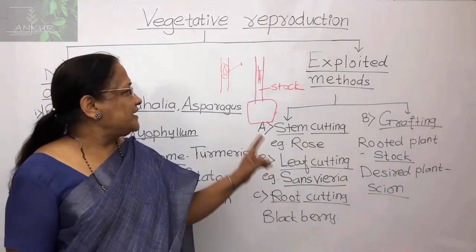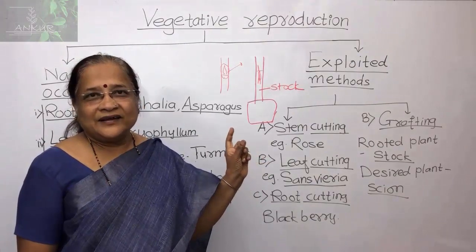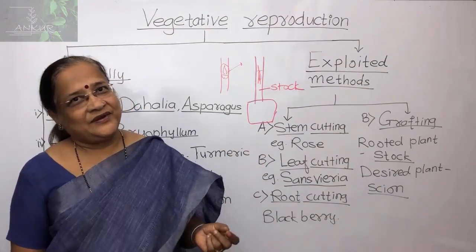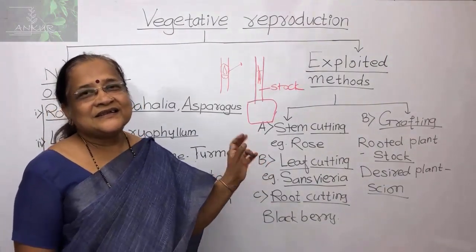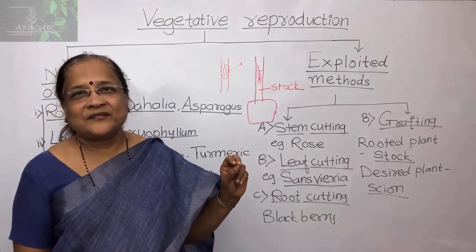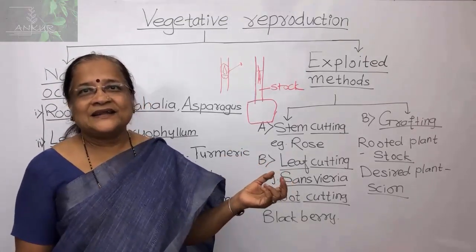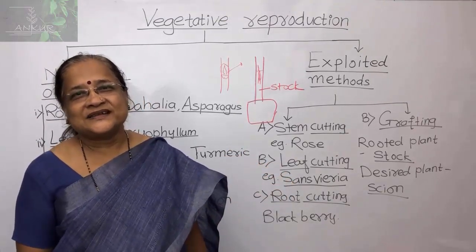Among these exploited methods of vegetative propagation, there is another method that we call tissue culture. In tissue culture, a very small amount of tissue of that particular plant is used to get so many plantlets. Nowadays in banana and other plants we use this tissue culture method.